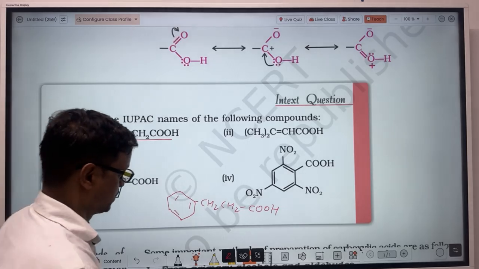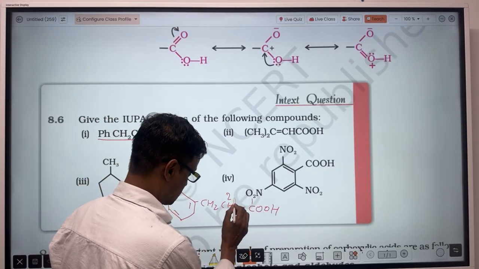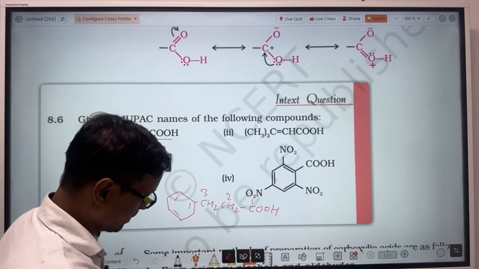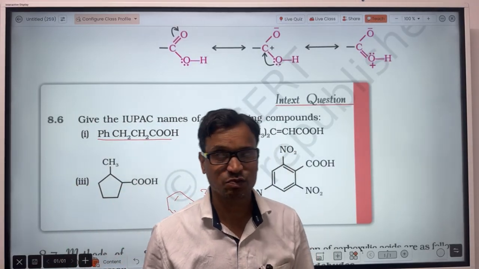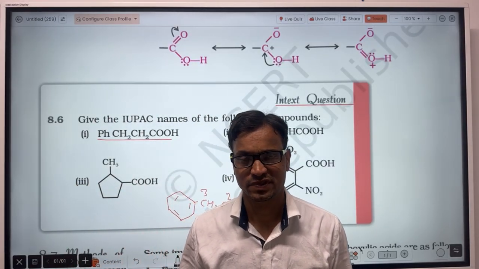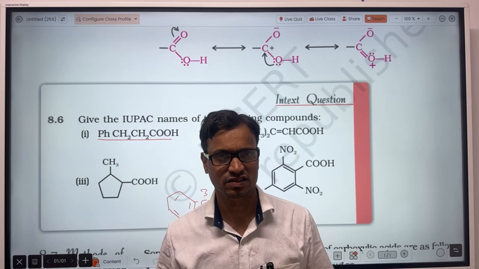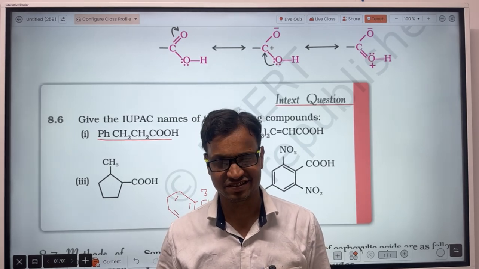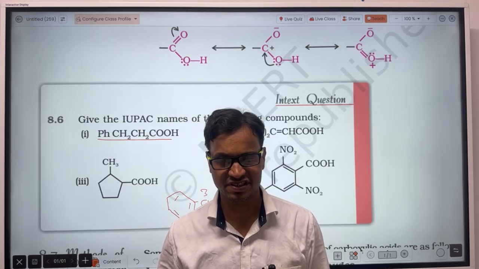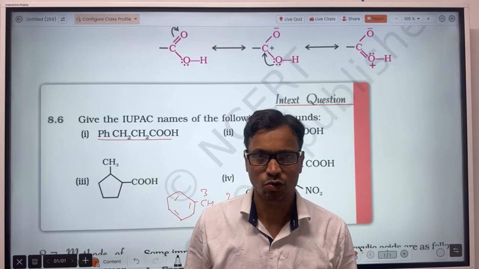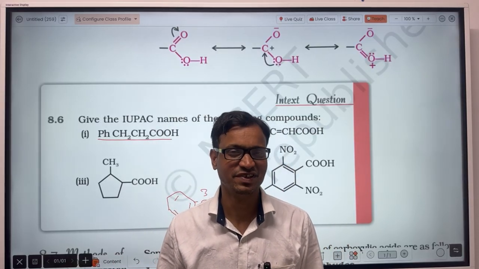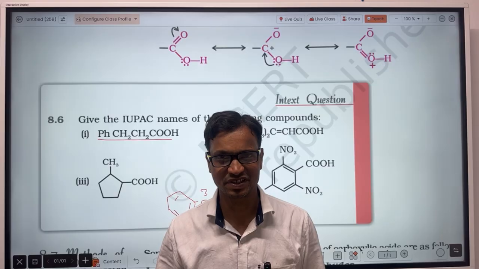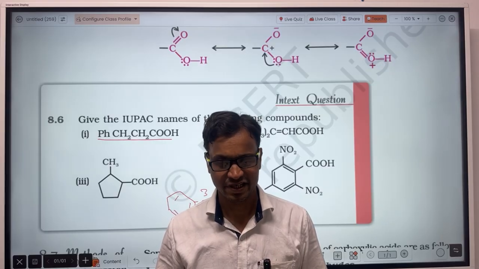Very simple, the main chain will be 1, 2, 3. Here first position, because we have to give the first position to the functional group, and the carbon of the functional group carboxylic acid is also included in the main chain. Here only one carbon of the functional group, that's why it must be included in the main chain.